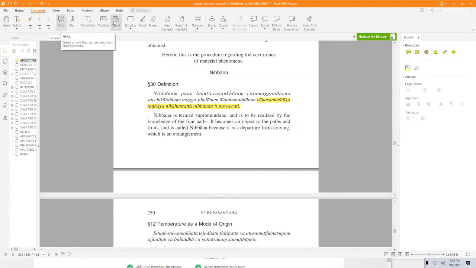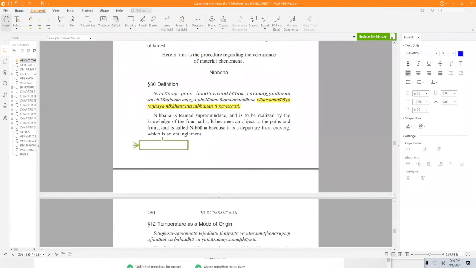We could see this maybe more clearly in the Sanskrit, where the prefix nir signifies exclusion or rejection, going outside. And vana here is identified with entanglement.